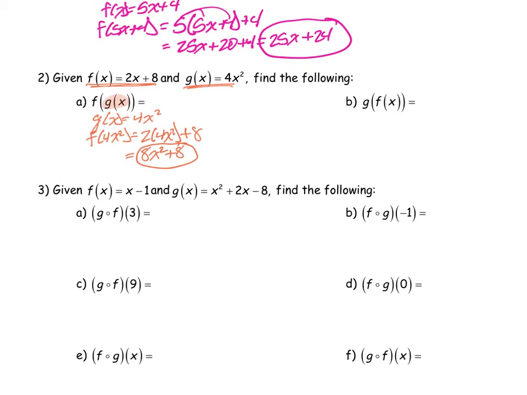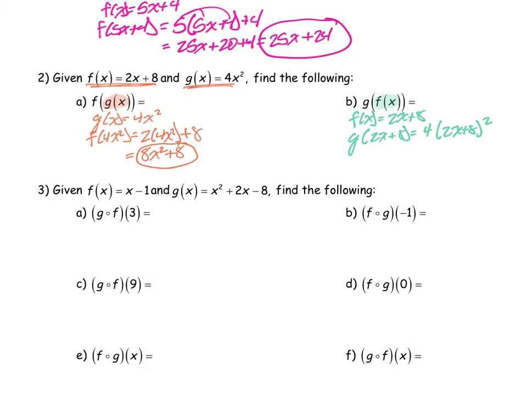Okay, and then we're going to do f of x first this time because they want us to switch it, right? So f of x is 2x plus 8. And then I want to put that inside of g of x. So I want to find g of 2x plus 8, which is going to be 4 times 2x plus 8 squared.